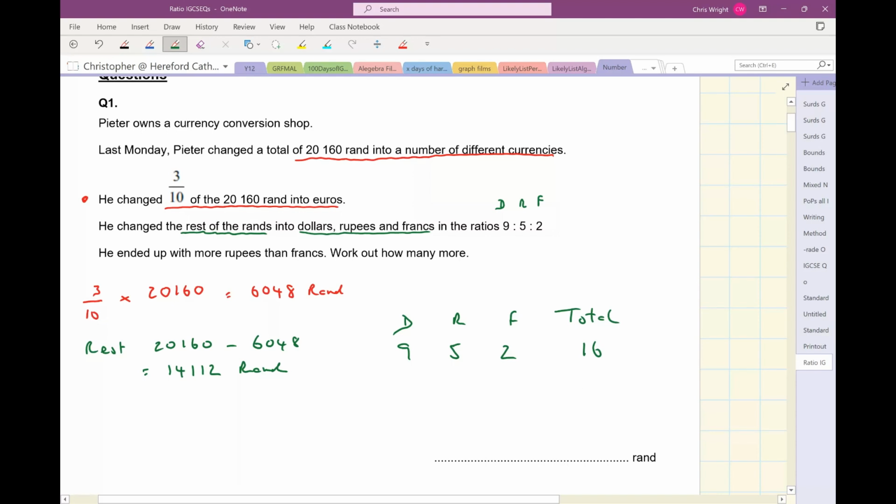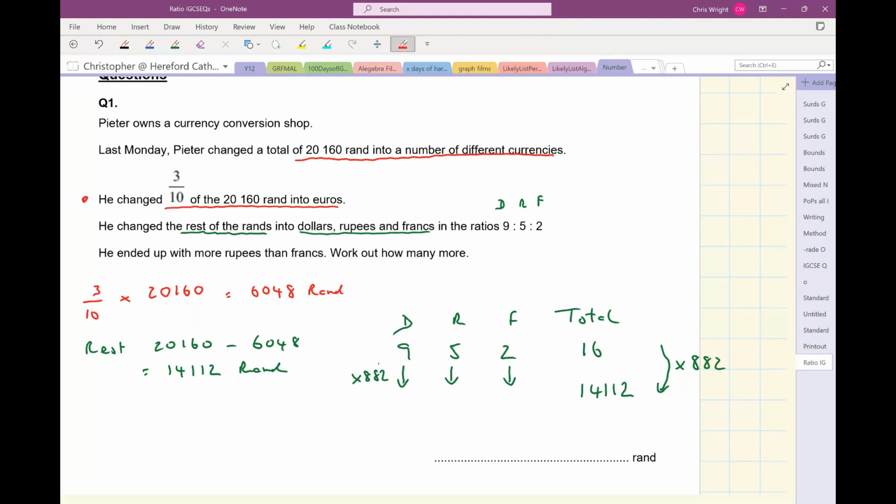But he's not changing a total of 16 Rand, he's changing 14,112 Rand. If I divide that by 16, I see that I'm multiplying by 882. So he'll end up with 882 times $9, 882 times 5 rupees, and 882 times 2 francs.